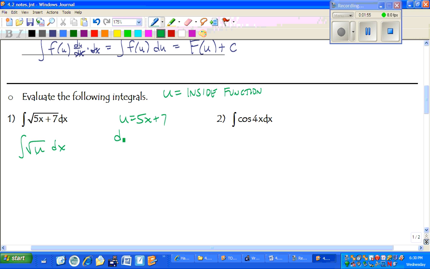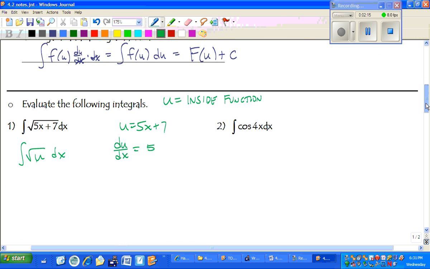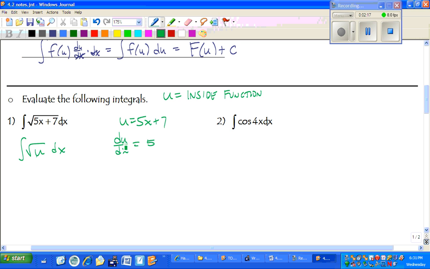So the derivative of u would be du dx. If we look at the derivative of 5x plus 7, it's a pretty simple one. The derivative of that is just 5. Now, with du dx, like we've done before with antiderivatives yesterday, we can go ahead and multiply both sides by dx.